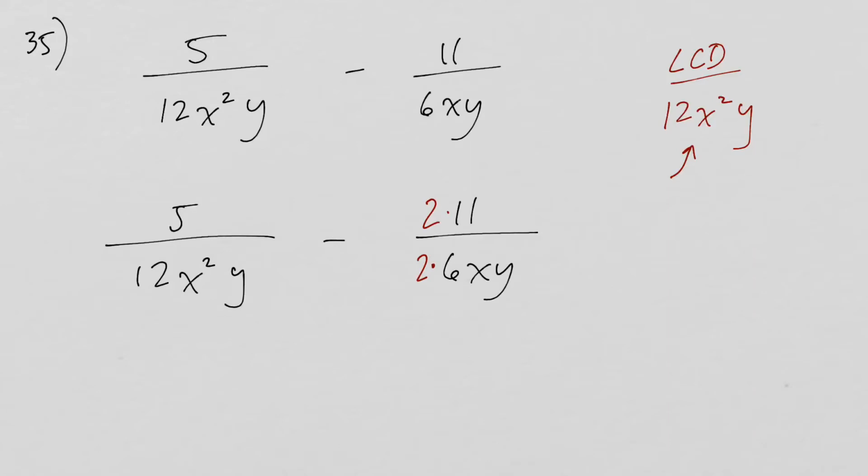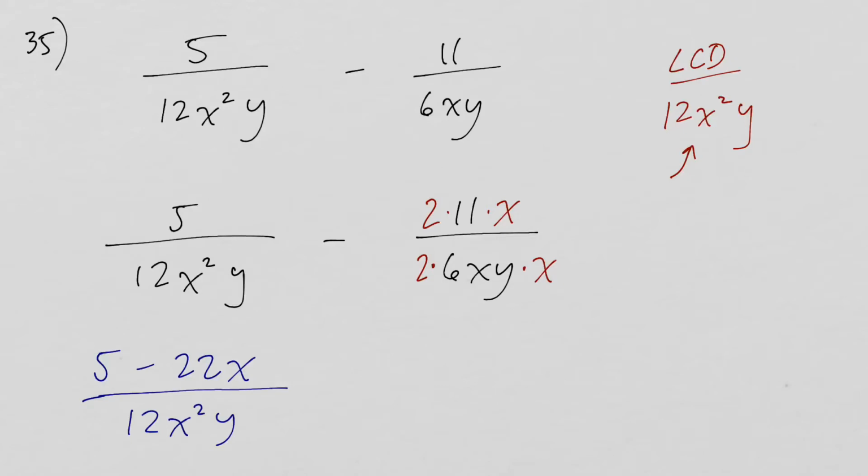And I also have to multiply by an x, so I'll do that there as well. Okay, so now I have a common denominator of 12x squared y, and up in the numerator I have 5 minus 22x. And I can't do anything else. On the numerator, those are not like terms, so I can't combine anything. So this is my final answer.